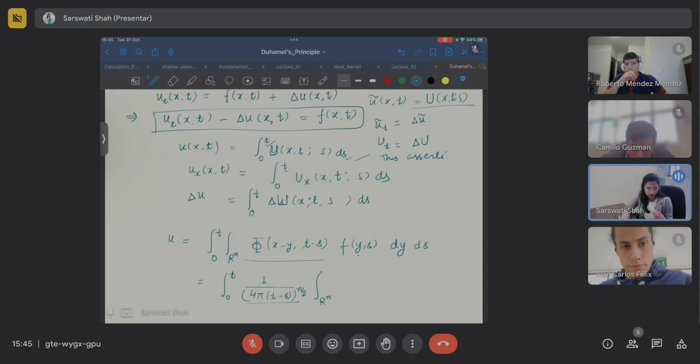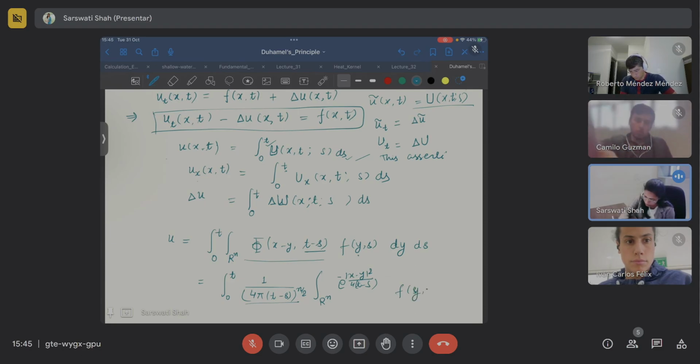So this is the constant which is basically to normalize the heat kernel, and e to the power negative mod of x minus y squared over 4 (t minus s), because we are writing here t minus s, times f(y, s) dy ds.